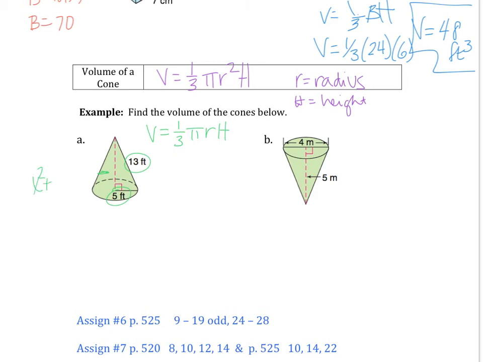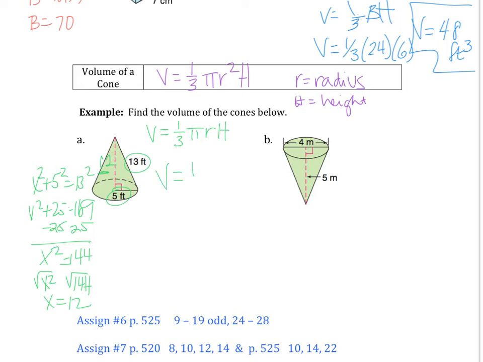So x squared plus 5 squared equals 13 squared. So x squared plus 25 equals 169. Subtracting 25 from both sides, I've got x squared equals 144. Square rooting both sides, I get x is equal to 12. So it looks like the height of my cone is 12. Looks like I've got everything I need now.